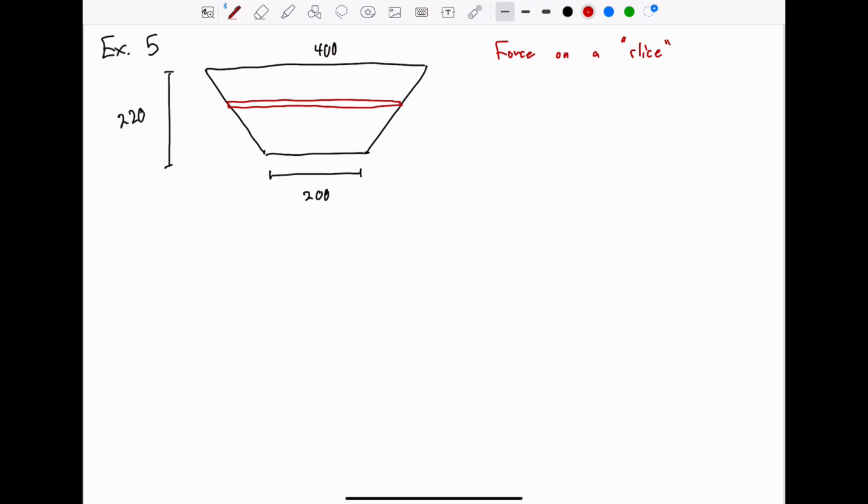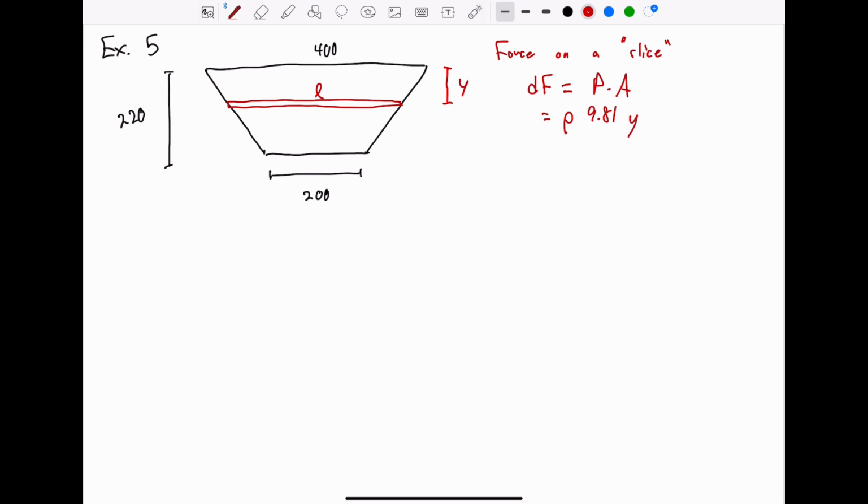Well, let's give this some variable names here. Let's say that this is a distance of y from the surface, and we'll say that the length here, we'll just use L. So the force on a slice, we have dF as the small bit of force. It is pressure times area. Pressure, once again, is density times 9.81 times the depth, which here is y.